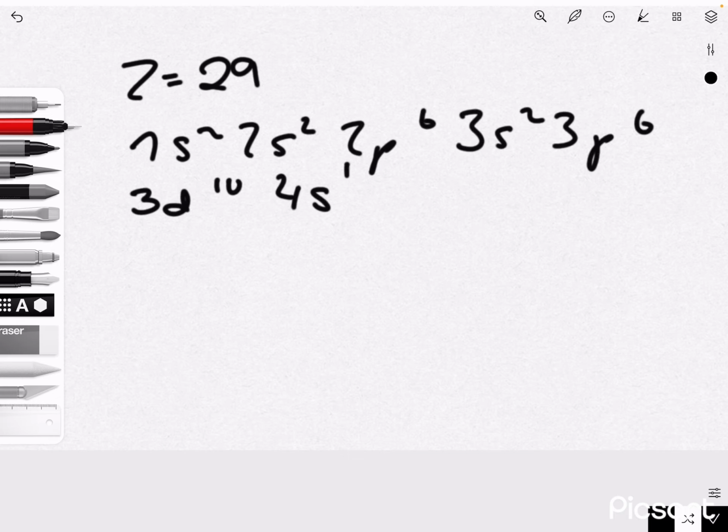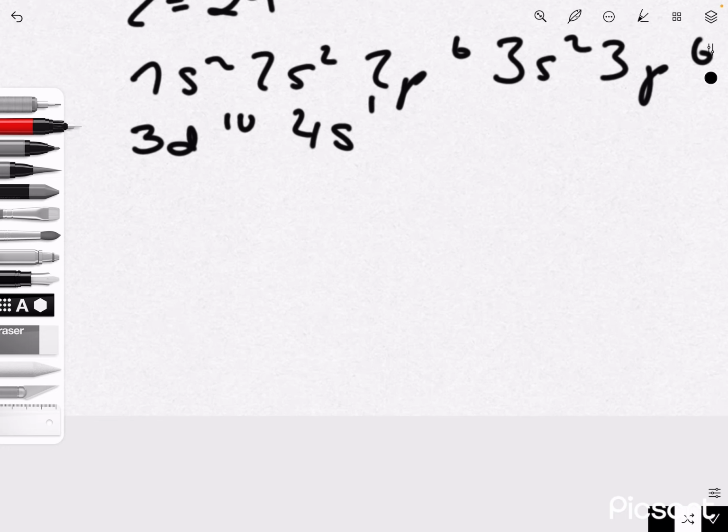Now, you might be thinking, why is 4s not filling before 3d? Well, that is because this atom has an increased stability with half or fully filled d subshells rather than empty ones.